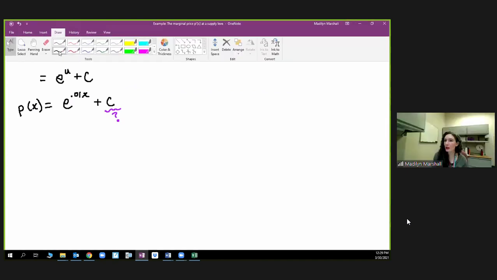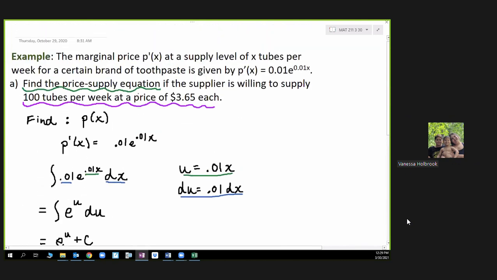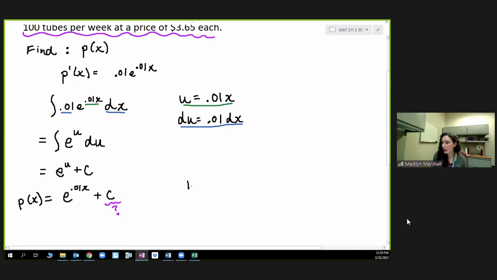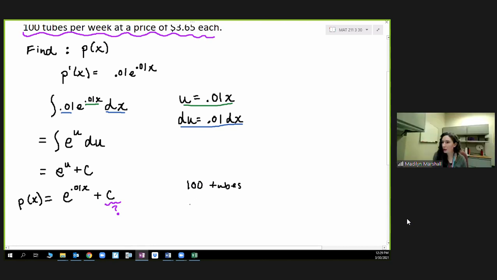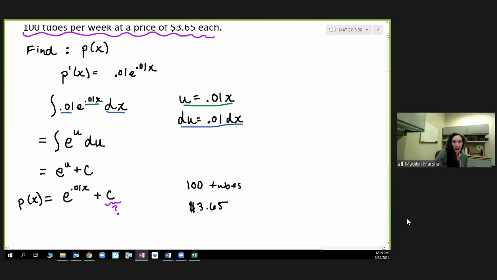So we were told that this supplier is willing to supply 100 tubes per week at a price of $3.65 each. So divide 100 by 365 to get individual cost. So C here is just our constant that's added to the end of this function. It's not cost.